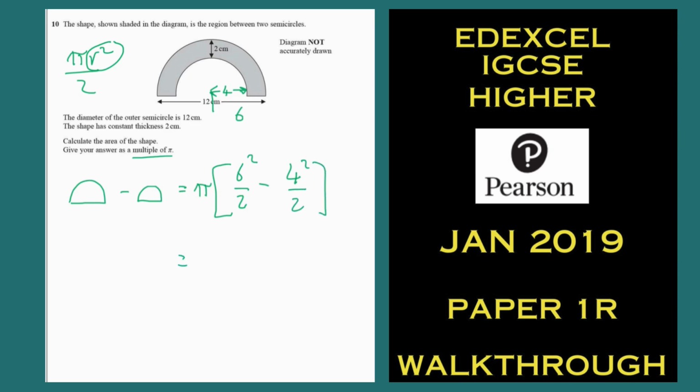And obviously you didn't have to show that bit, I'm just explaining it. You could have just gone straight to 18 minus what we got, 16 over 2 is 8. So our final answer will just be 10 pi centimetres squared, which is down here somewhere, but there we go.